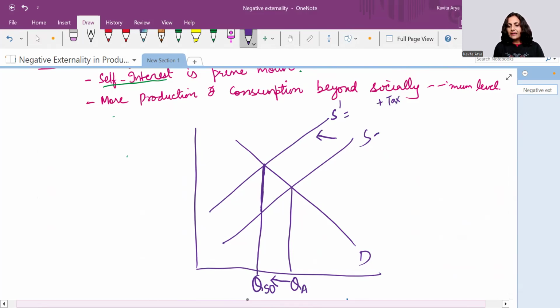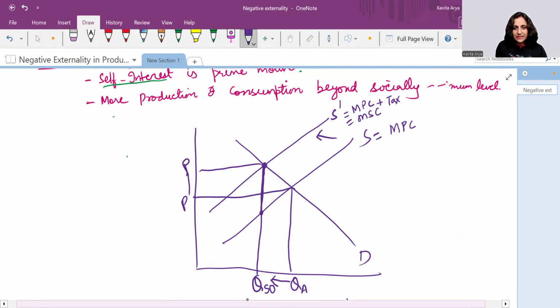Earlier the supply curve was shown as the marginal private cost curve, and here it is marginal private cost plus taxes, meaning a new supply curve which is equal to marginal social cost as well. So this point simply says that now this is going to be the new price as compared to the previous price. So the prices are inflated and the quantity is reduced after imposition of taxes.